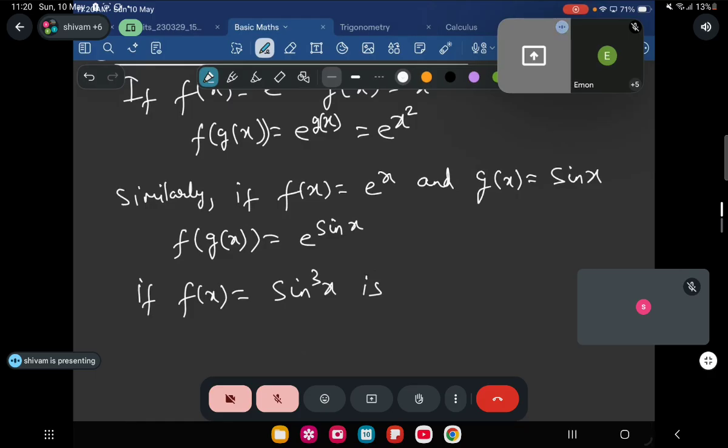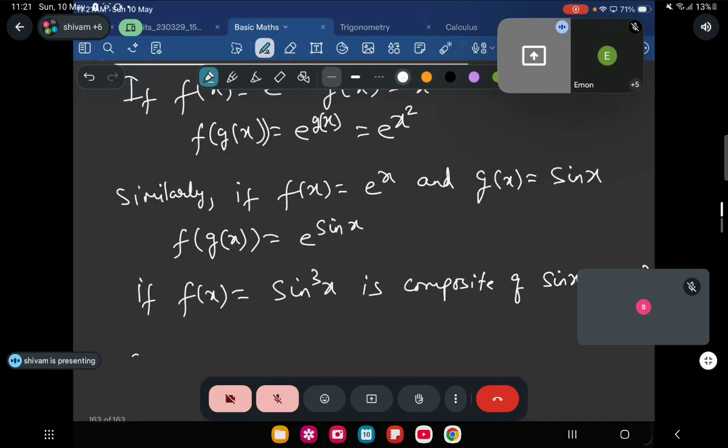It's sin x and x cube, because the power is cube. If f of x equals x cube and g of x equals sin x, f of g of x equals sin x whole cube. Is it clear? You should be able to understand composite functions to understand chain rule.